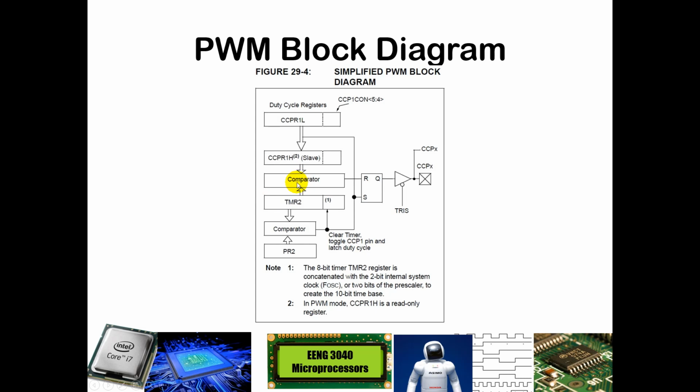And so a comparator is comparing the value that is currently in the TMR2, which is our counter there, counting time that has surpassed, and it's comparing it to the CCPR1L. And so once those are equal, then you have a 1 that gets put out here on the R of this RS latch.